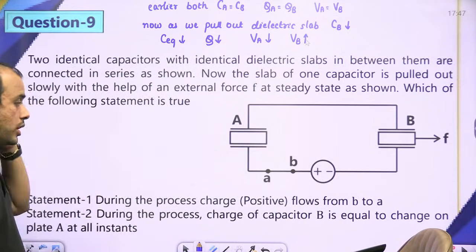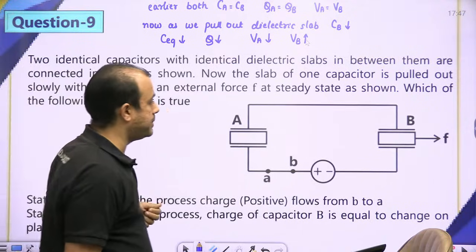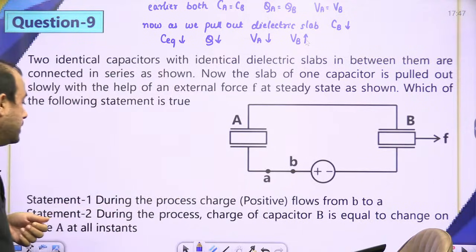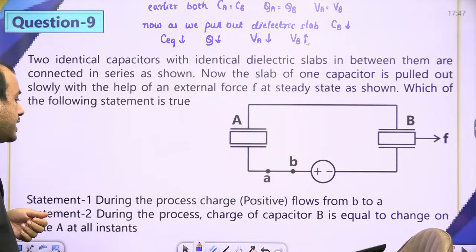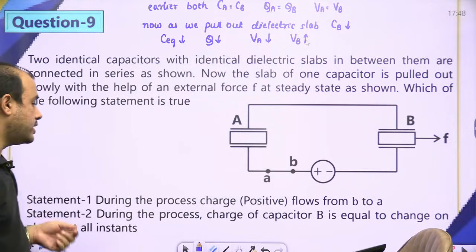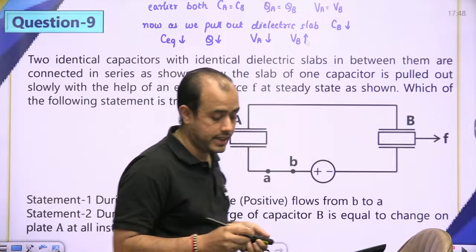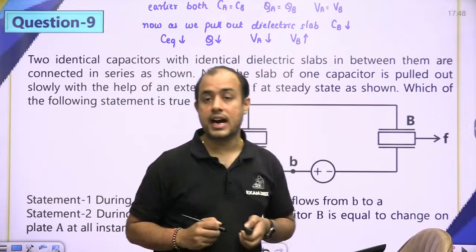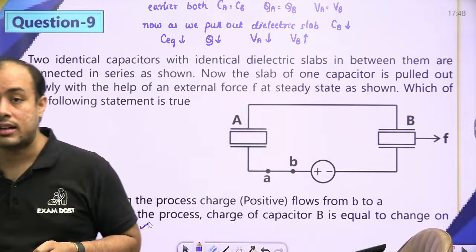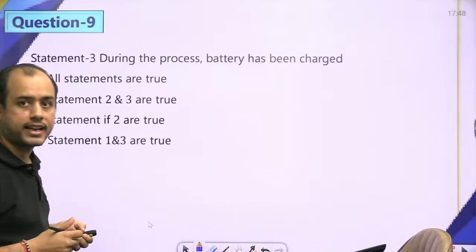So during the process, positive charge from B to A will flow. During the process, the charge of capacitor B is equal to charge of capacitor A at all instants. Charge will remain the same, beta, because this is a series connection.